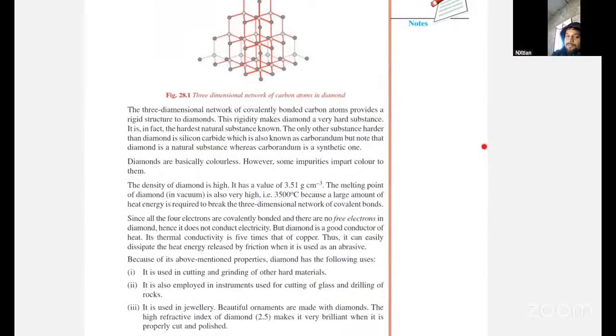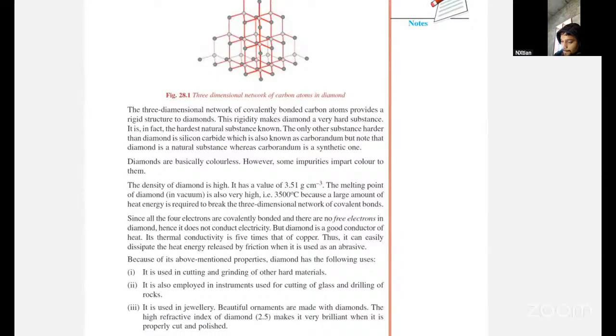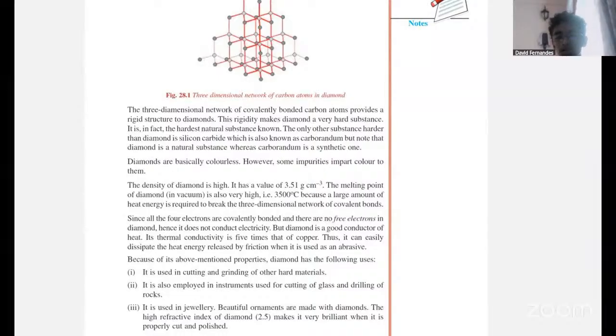Diamonds are basically colorless, however, some impurities impart color to them. The density of a diamond is high. It has a value of 3.51 grams per centimeter cube. The melting point of diamond in vacuum is also very high, that is 3500 degrees Celsius, because a large amount of heat energy is required to break the three-dimensional network of covalent bonds.